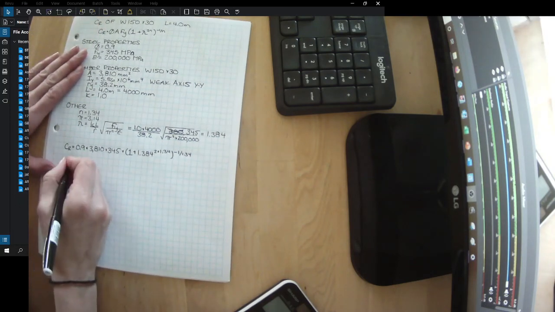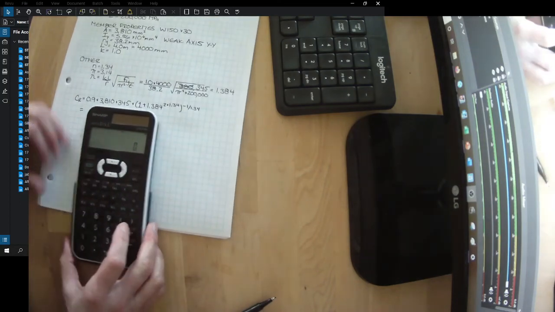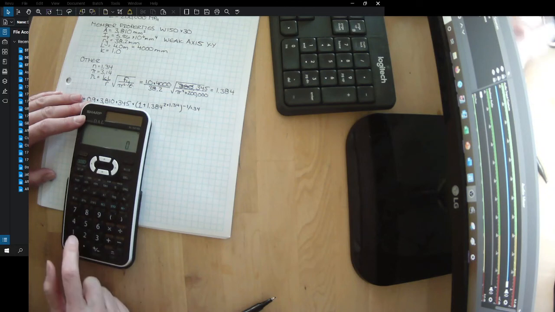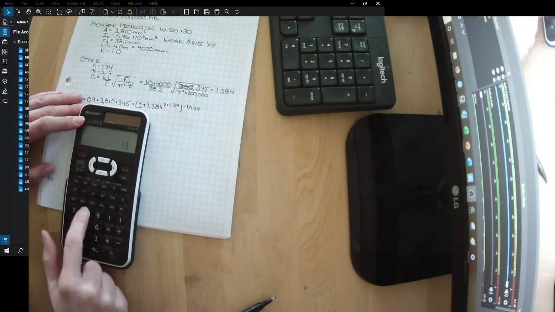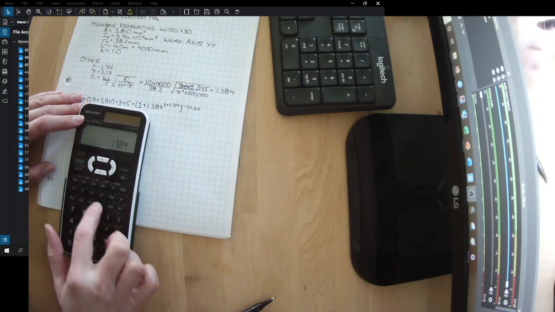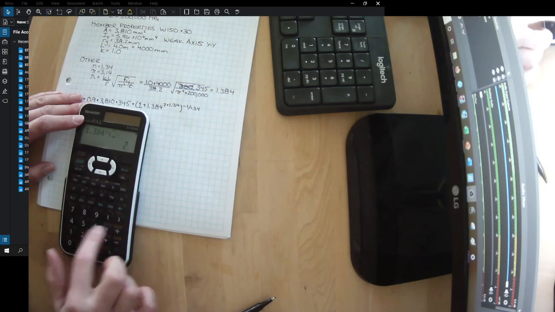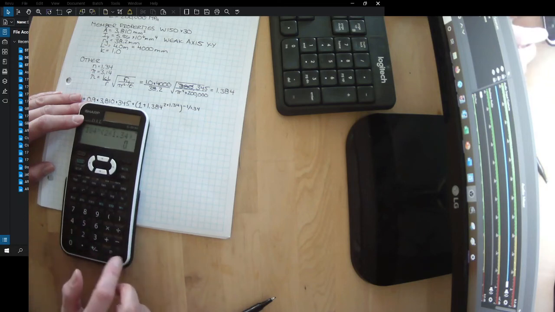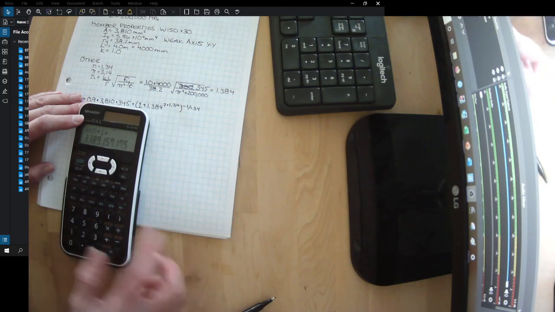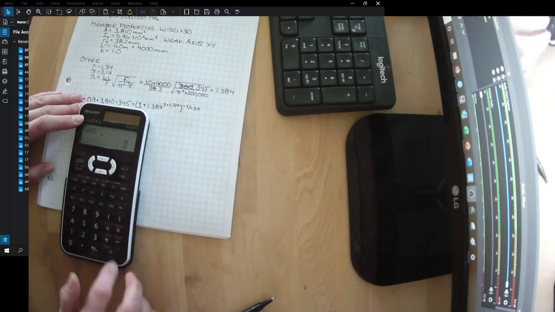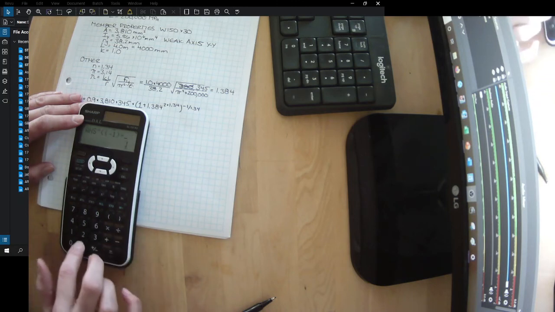So we can plug this into our calculator now. Let's go through this process. All right, I'm going to start here and work out from there. 1.384 to the power of 2 times 1.34 plus 1, and then that is to the power of negative 1 divided by 1.34.